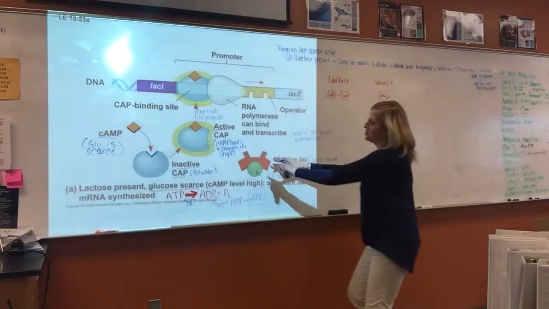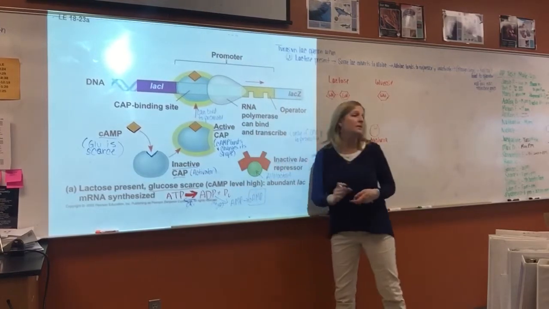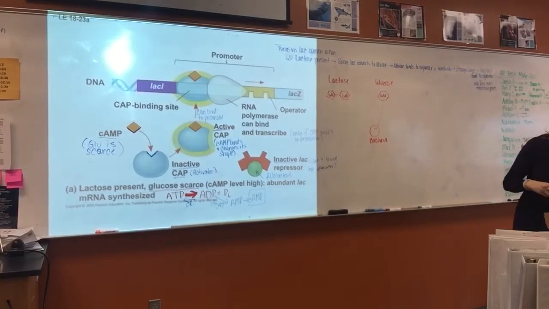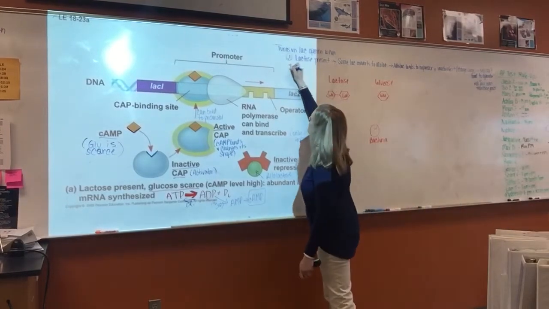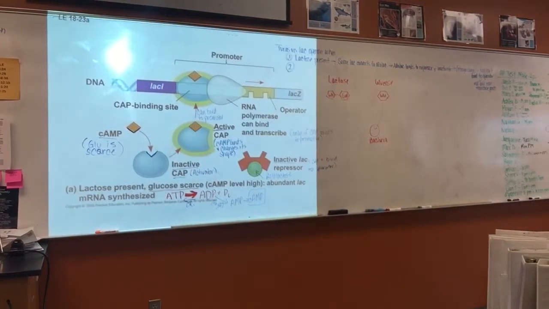So that's the first thing. You have to have this inactive repressor so it can't bind to the operator. What's the second thing? There's one other thing that needs to happen to turn these genes on. Must not have enough glucose. That's right.